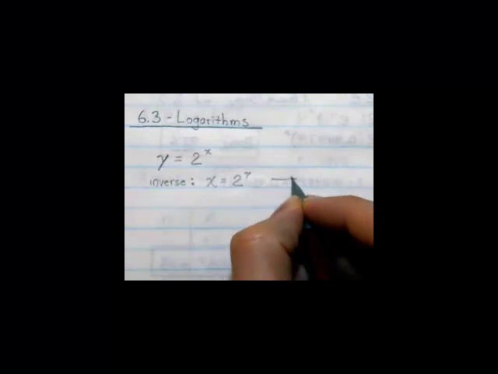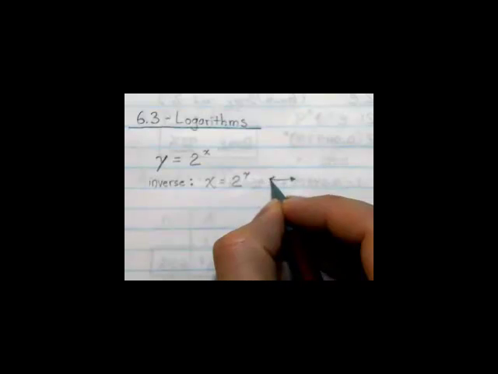Well, the way that you solve an exponential for its exponent is basically just rewriting it in a way that's called a logarithm. Okay? So, the following two equations are basically the same thing.